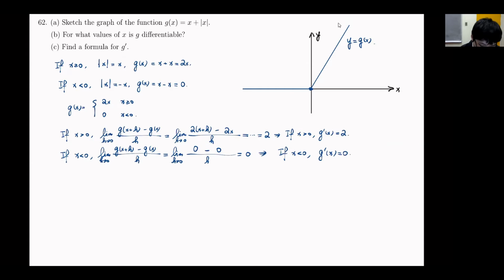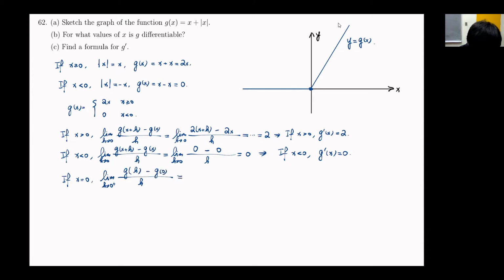Okay, now let's look at what happens if x equals 0. Because now 0 is a critical number for this piecewise function, we need to look into the left-hand limit and the right-hand limit. So let's first look at the right-hand limit. If h is approaching 0 from the right, then g of 0 plus h minus g of 0 divided by h.